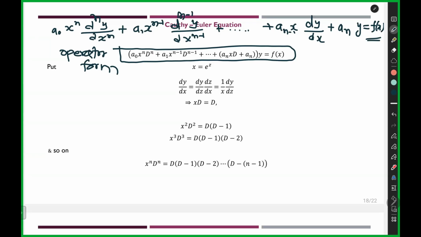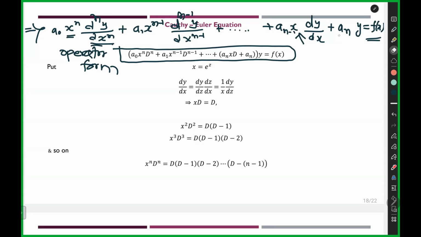When we have this form of equation, in the last session we looked at differential equations with constant coefficients. Here, you have some power of x multiplying a derivative term of nth order, so it is multiplied by x to the power n.